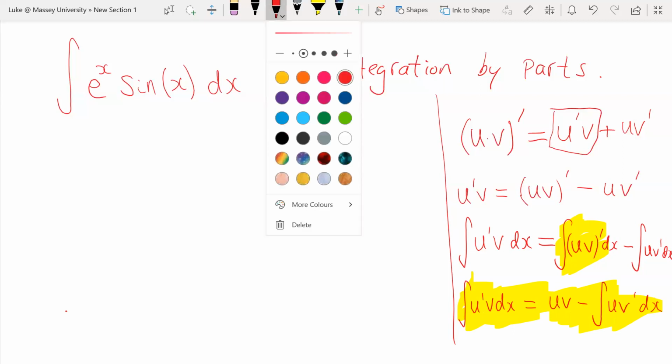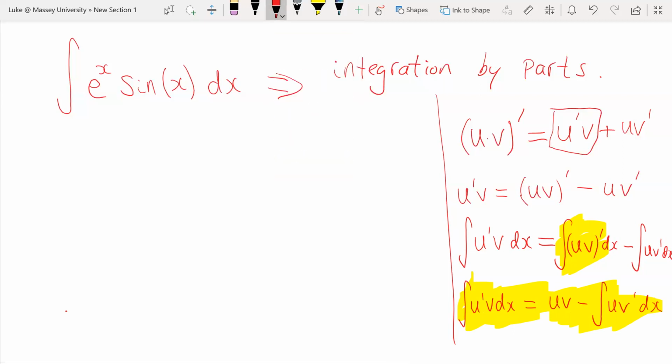Okay, so integration by parts. The integral on the left-hand side is u prime multiplied by v. So if I write out some of these functions here, v prime. My integral of u prime v, I need to choose one of these, e to the x or sine x, to be my u prime, and one of them to be my v.